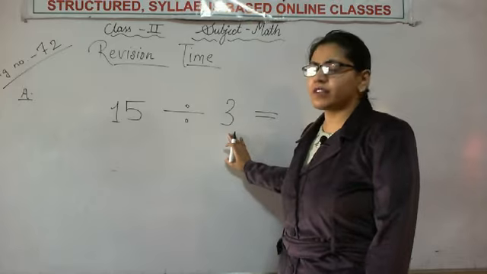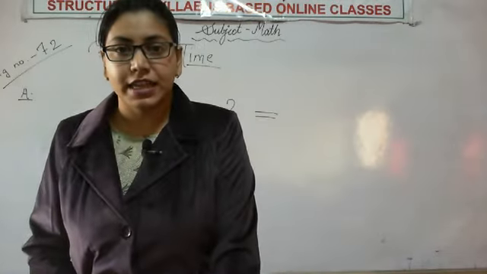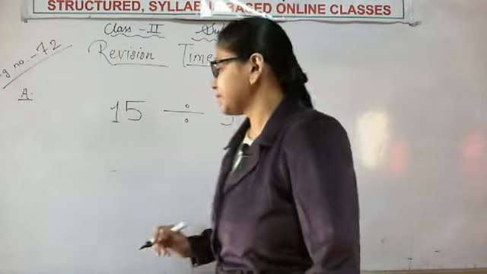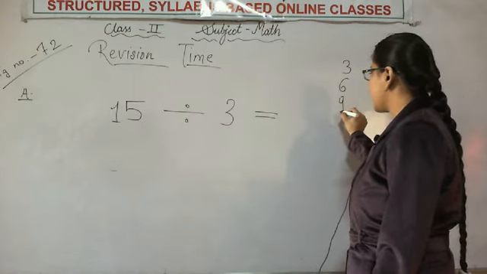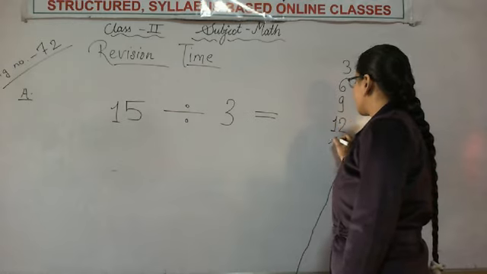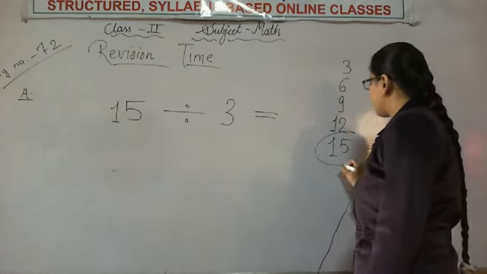The simplest way is solving with the help of a table. So 3 1s are 3, 3 2s are 6, 3 3s are 9, 3 4s are 12, 3 5s are 15. 15 we want.